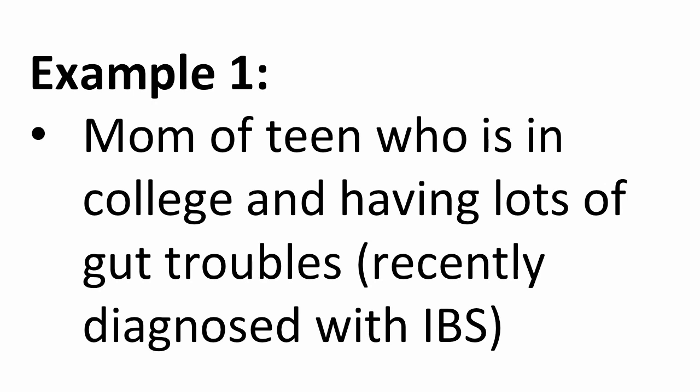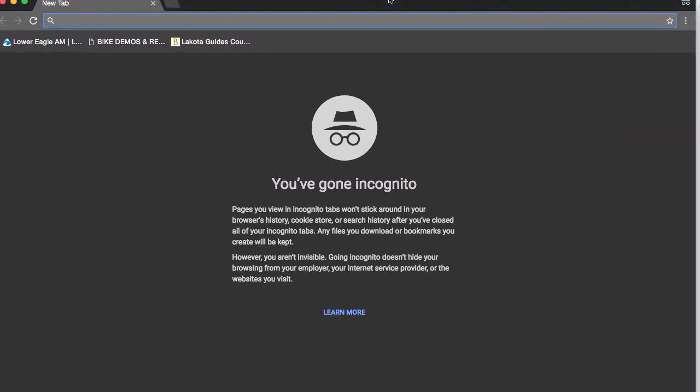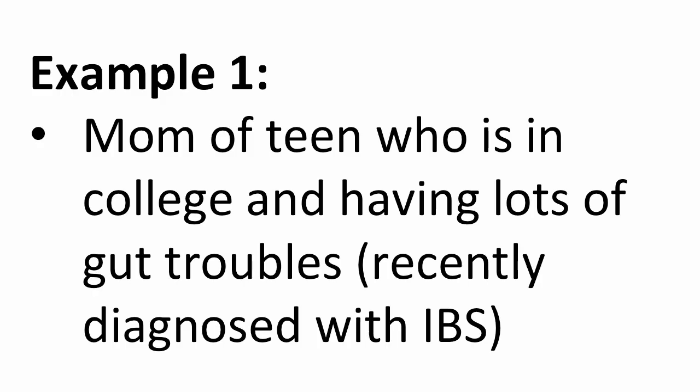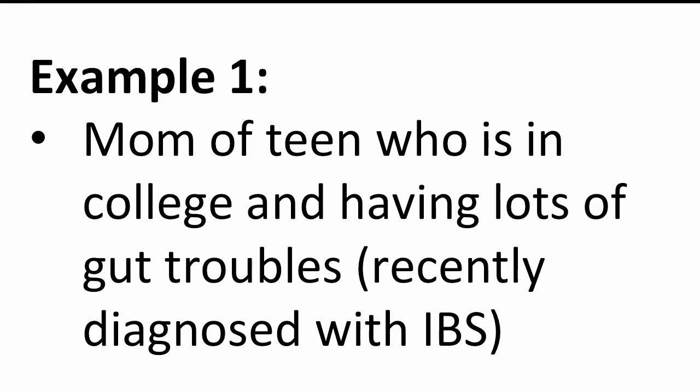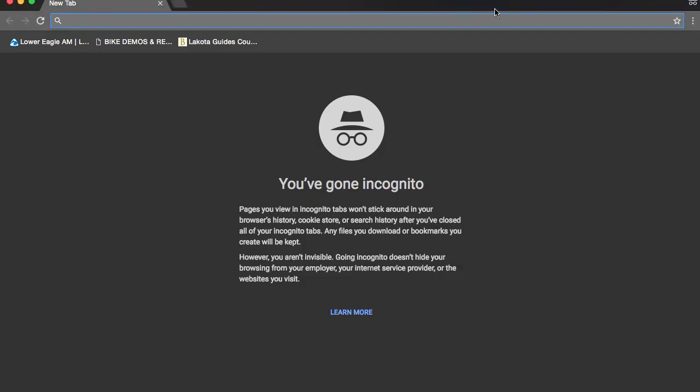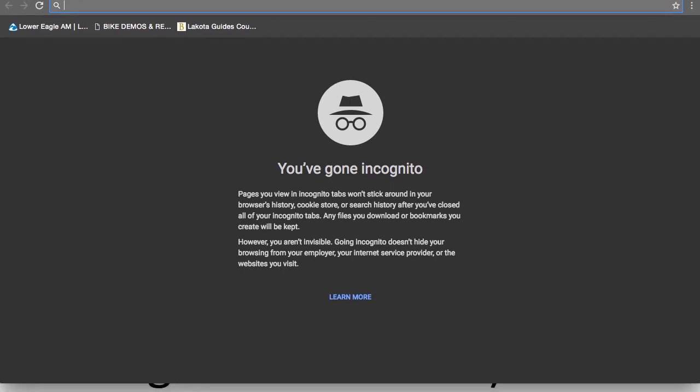But let's imagine that this is the case, okay? Now, let's say that I go out and search. So, again, here's the incognito search. Now, what is a mom going to do? The kid is anxious. The kid's in college. She wants the kid to do well, right? But she's pretty worried about what's happening here.